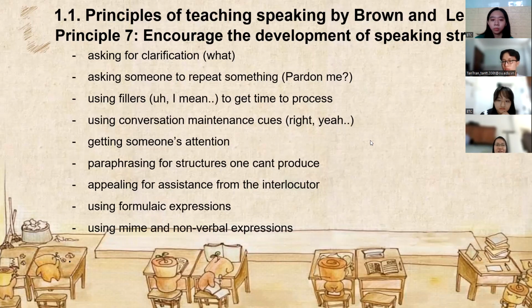So these are some of the most common speaking strategies that we can train or help students to master. When they are in a situation like that, they can use them and make their speech more natural. And now we move to the last principle, principle number 8.